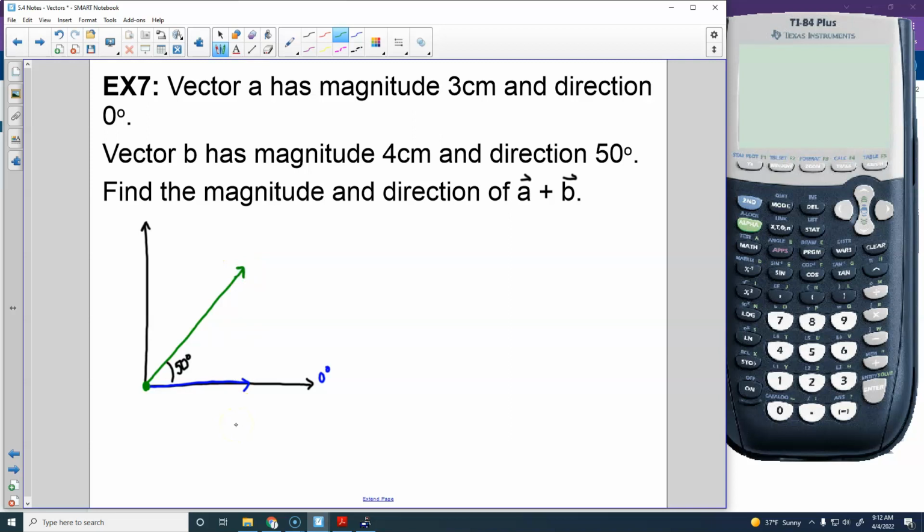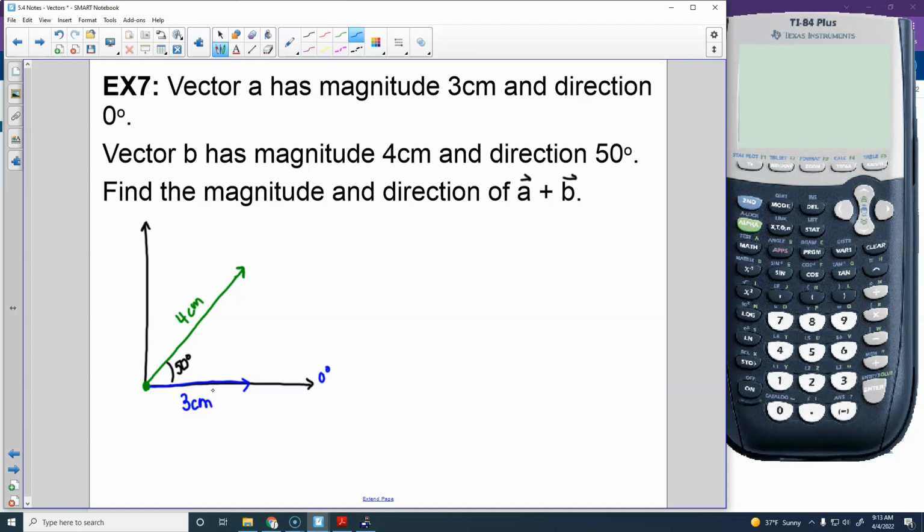With vectors, the arrow does not mean the line goes on forever, as it does for a ray in geometry. It means we started from here and we're going in this direction, but we still stop at our length. This one was 4 centimeters, and this one right here is 3 centimeters.